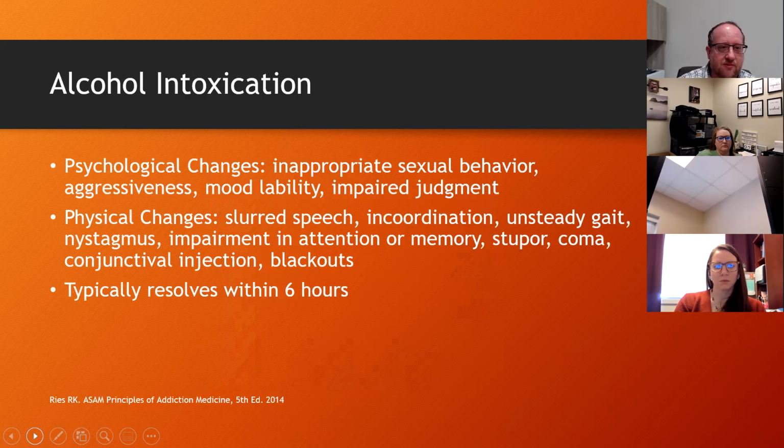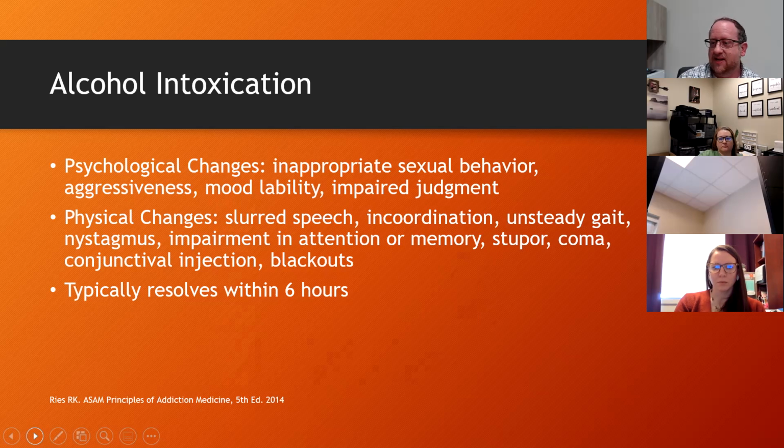As I talked about before, neurochemistry wise, alcohol intoxication is just inhibitory in general. So it affects not only physical, but it affects the mind as well, of course. So people who are intoxicated on alcohol psychologically have a higher risk of being more inappropriate, whether that be sexually or physically aggressive. Their mood can fluctuate throughout their intoxication.